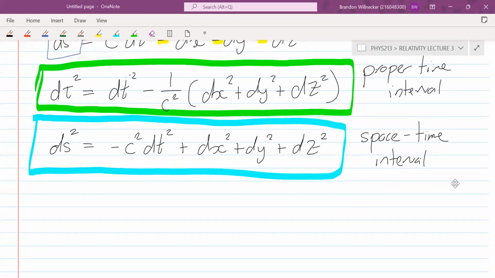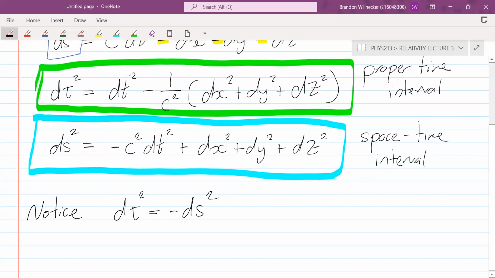Notice that going from proper time to space-time interval, there's just a minus sign: d tau squared is equal to minus ds squared. So we've got the proper time interval d tau, and the space-time interval ds. And if we ever need to refer to the metric, we're going to be using g.